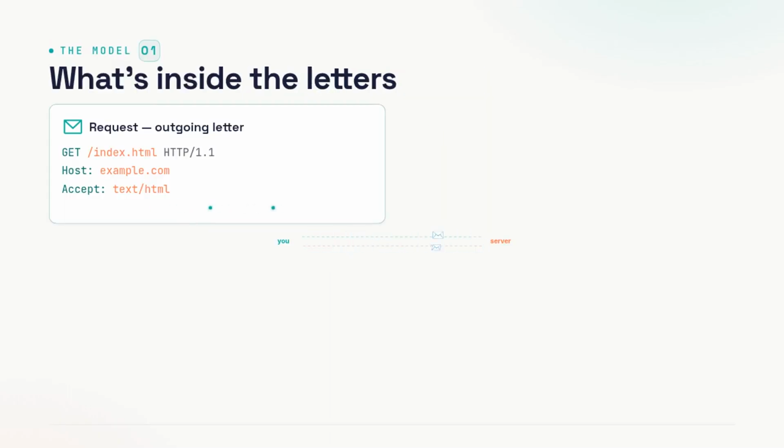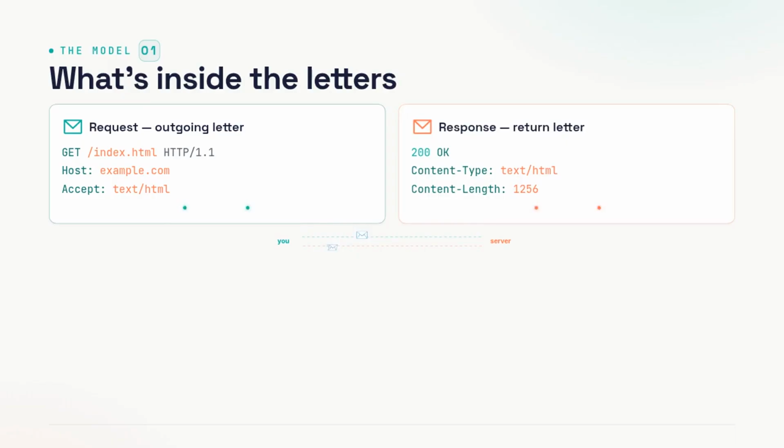So what actually travels in these letters? The request carries 3 things: the method, GET, POST, PUT, DELETE, what to do, the path, which shelf to look on, and the host, which facility to deliver to. The return letter carries 3 things too: a status code, the headers, and the body, the actual content you asked for.